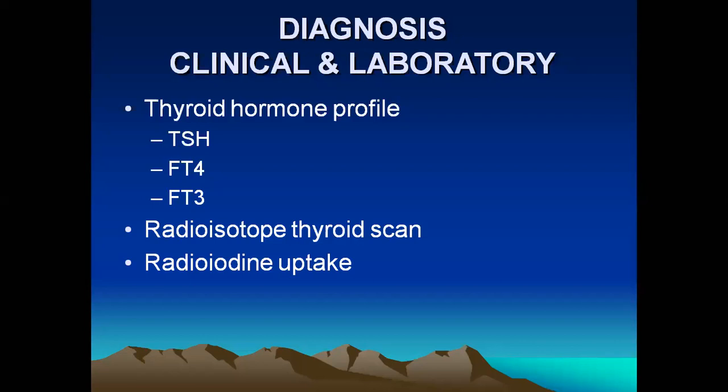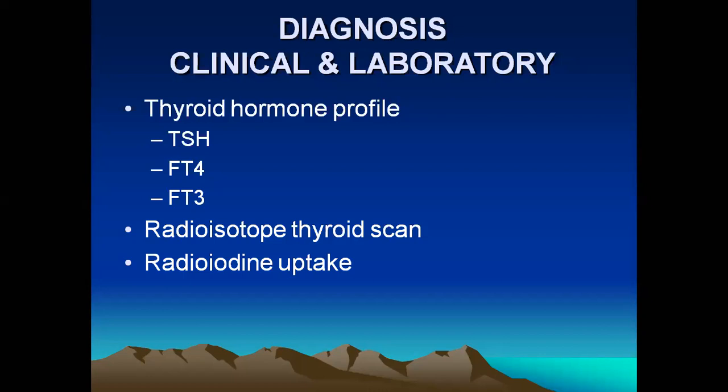What is the cause? So we have to go for the radioisotope thyroid scan, in which you will find that if there is diffuse uptake, both lobes are involved, increased uptake of the isotope, that is called Graves' disease, diffuse goiter.